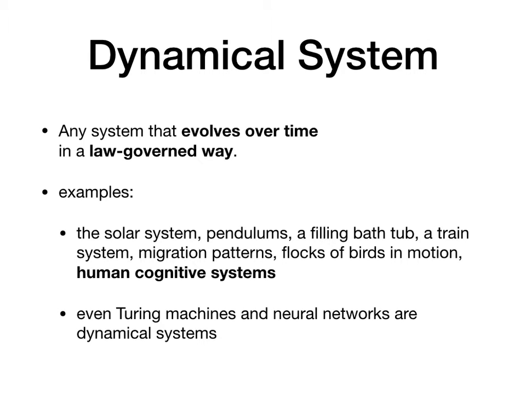Predictable meaning law-governed ways. We have an ability to predict how Venus will travel over the next year, decade, million years, honestly, because it's very predictable. It's very law-governed, the way that things move in our solar system. So that's a strong example.